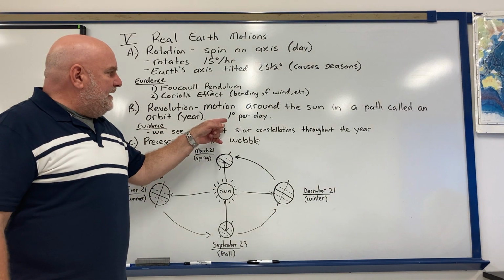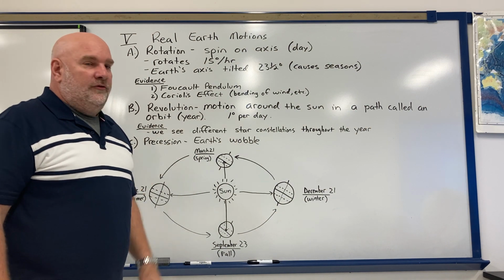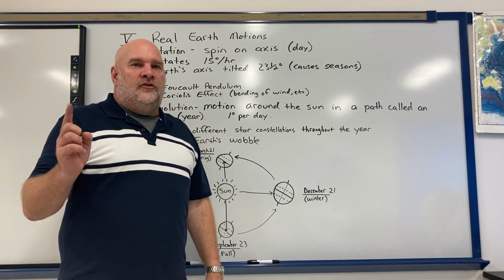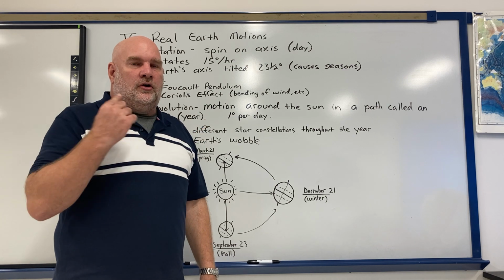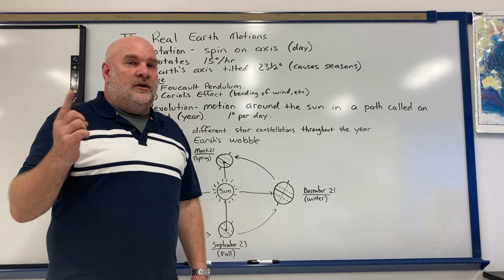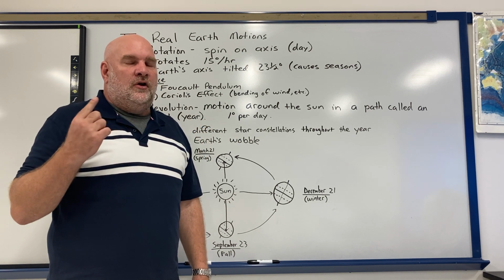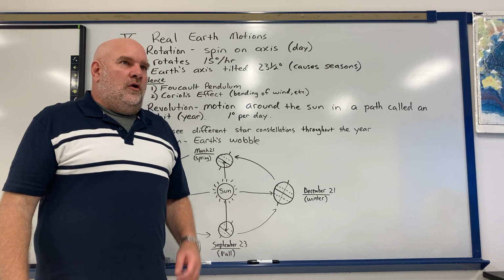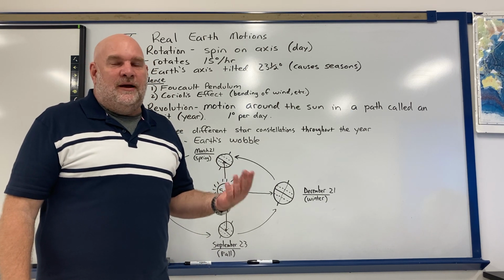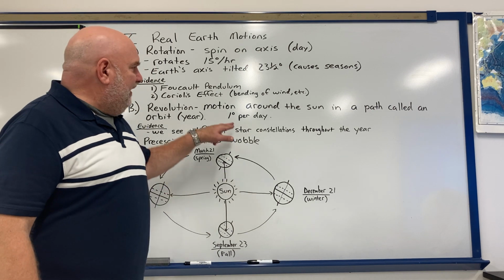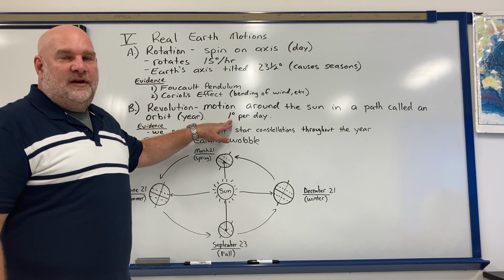The speed at which the Earth revolves, well, there's 360 degrees in a circle, and it takes about 365 days to go around once. So 360 divided by 365 is about 1 degree per day.